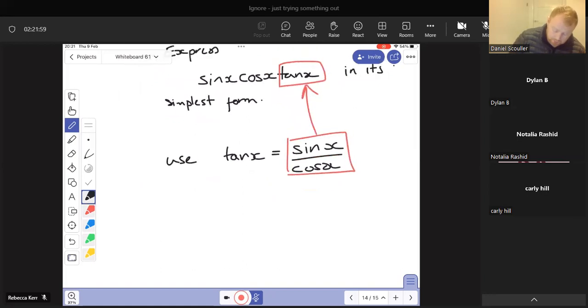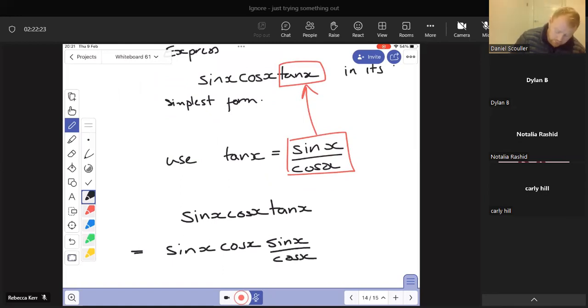So we're going to start with sin x, cos x, tan x, and then we're going to substitute in sin x over cos x.